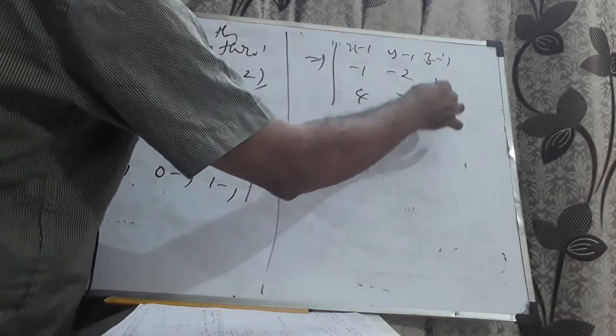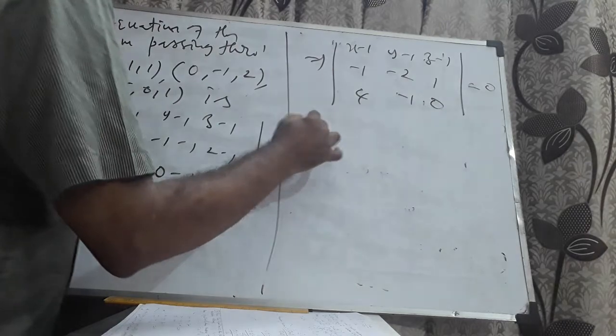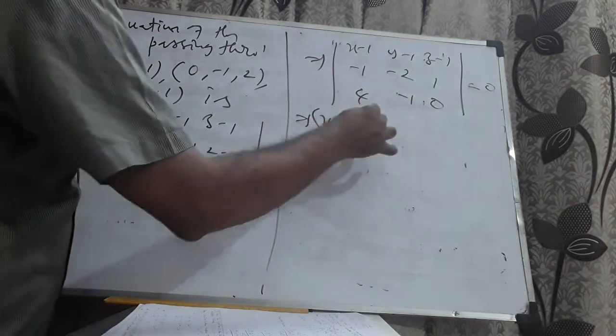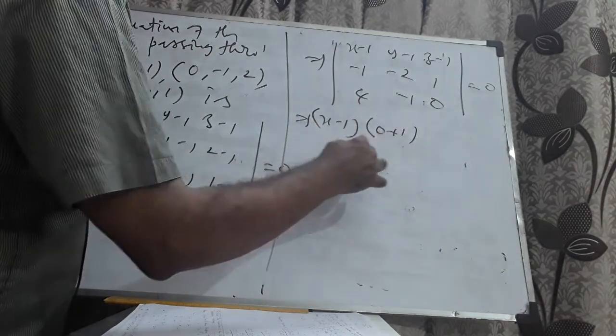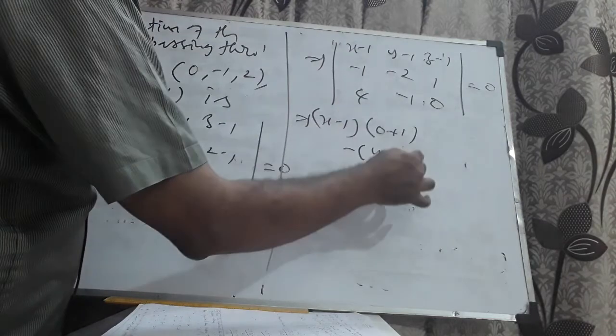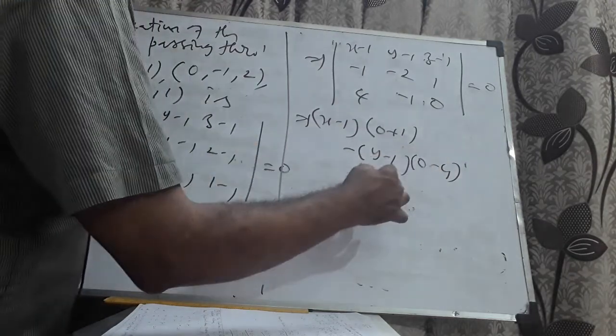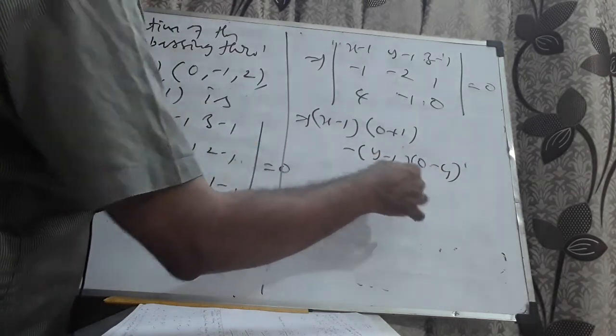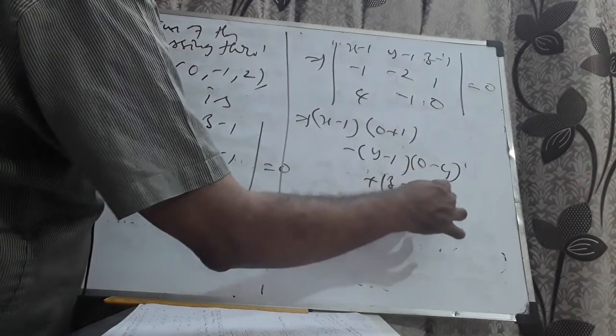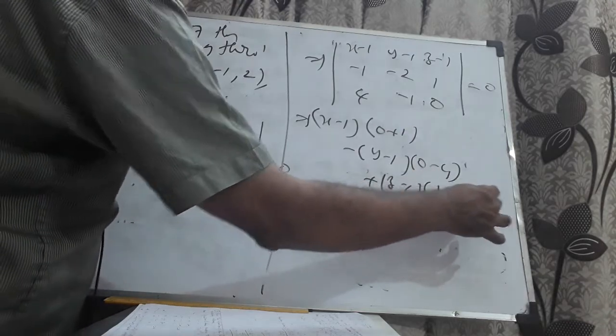Which implies x minus 1 times 0 plus 1, minus y minus 1 times 0 minus 4, plus z minus 1 times 1 plus 8, equal to 0.